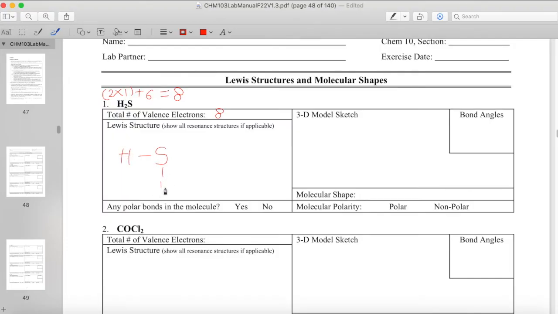Now, how you do this is up to you. I like to draw atoms sort of like this. I'm eventually going to figure out that this molecule is bent, and I'll show you how I figured that out. But I like to draw bent molecules like this to remind myself that they're bent, because this is one of the dangers of trying to draw a three-dimensional molecule on a two-dimensional sheet of paper.